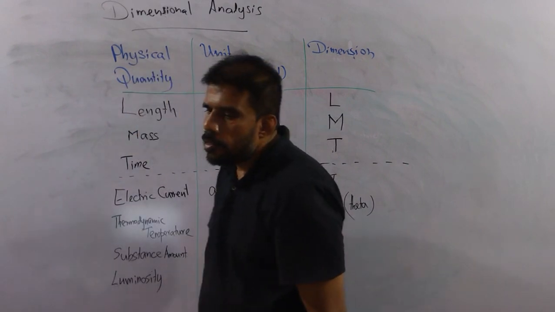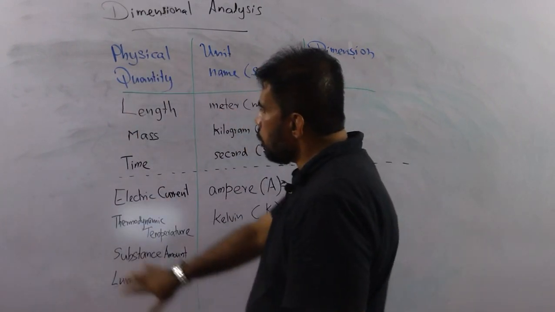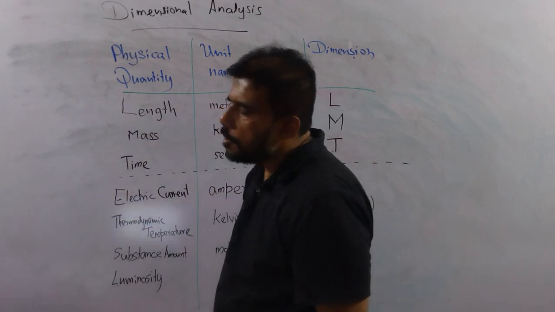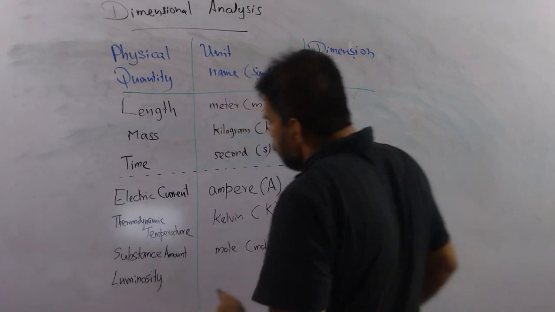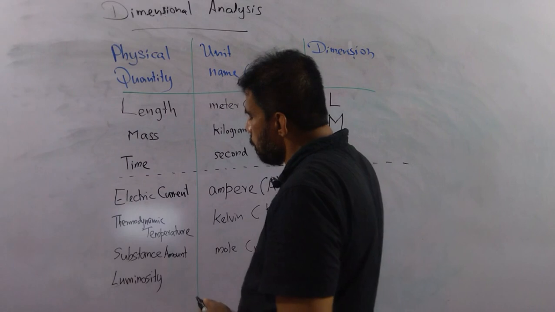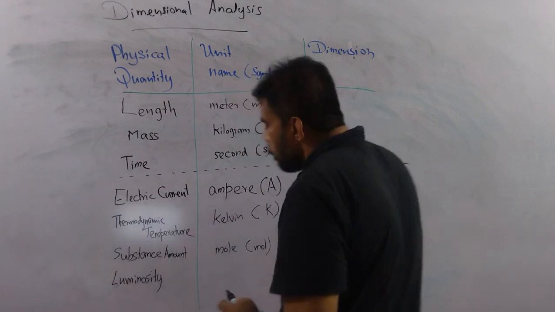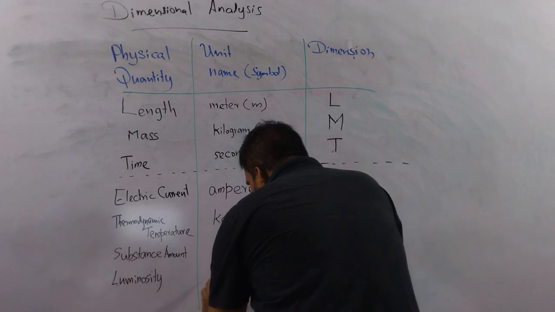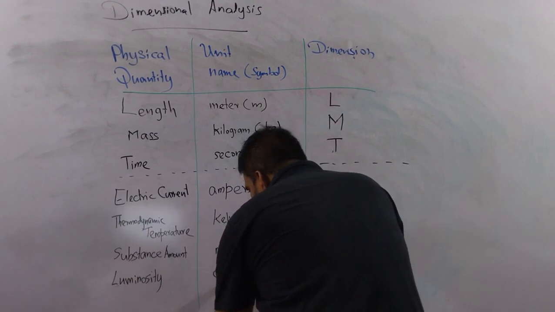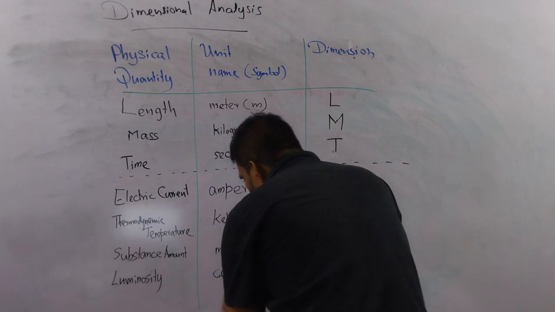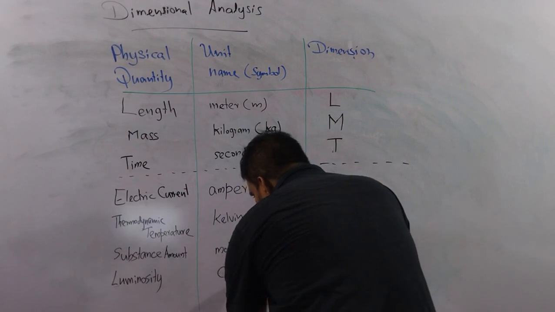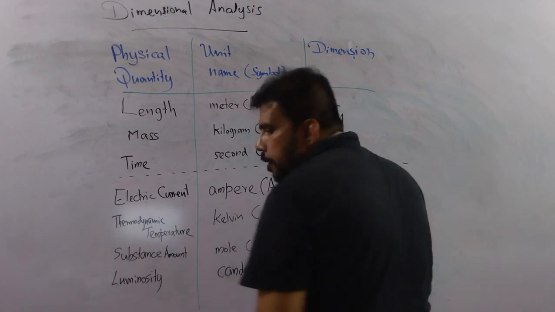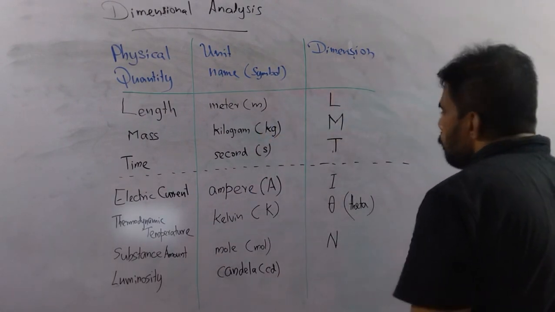Luminosity is the amount of light we can see, or the amount of reflection or illumination we can see; that is the meaning of luminosity. The unit name is candela, and the symbol is cd, and for luminosity the dimension is capital J.